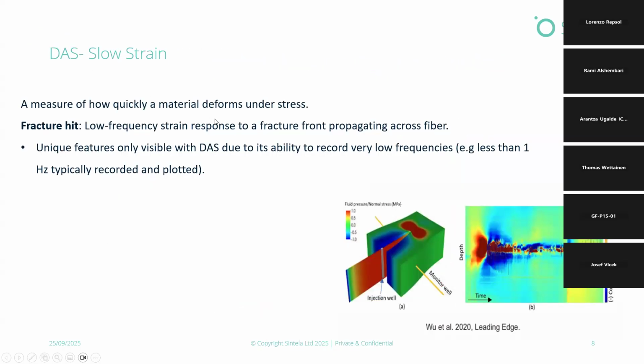So going into a couple of applications of how we use DAS, this is a slow strain dynamic strain event. This is an application in the oil and gas industry. Strain rate is a measure of how quickly a material deforms under stress. It's defined as the rate at which strain changes with respect to time.